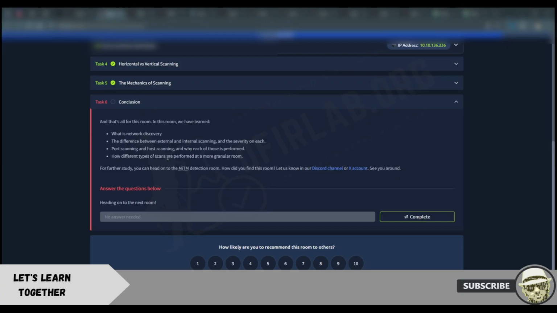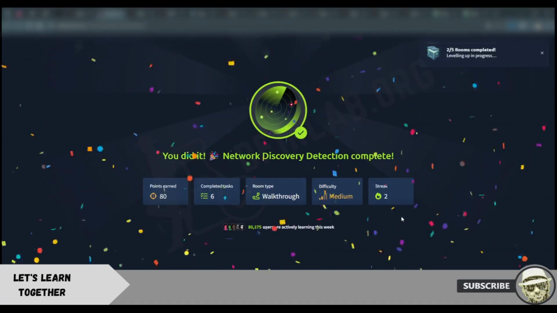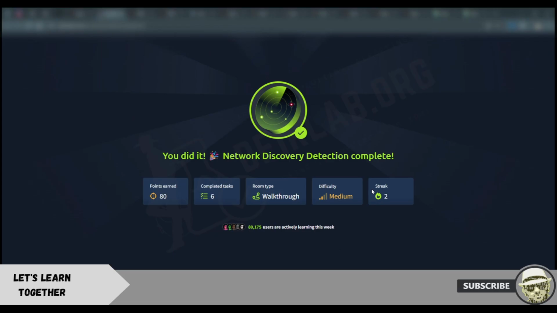How different types of scans are performed at a more granular level. So that's it. So long. Thanks for having us.